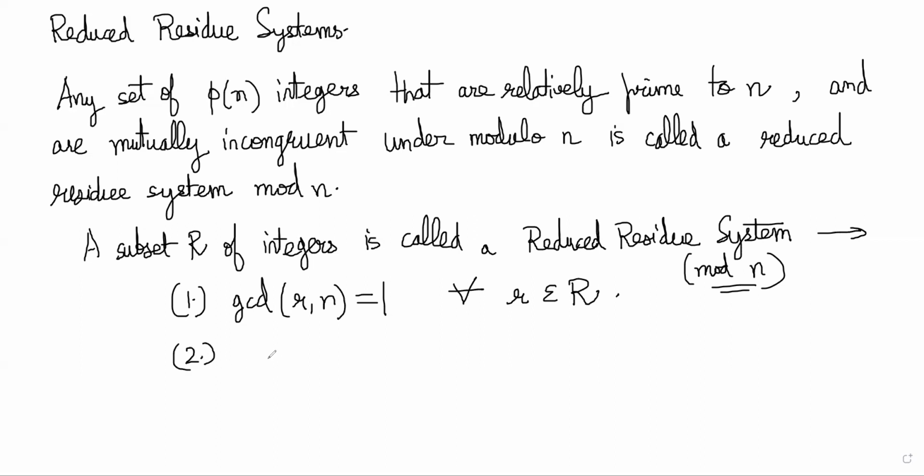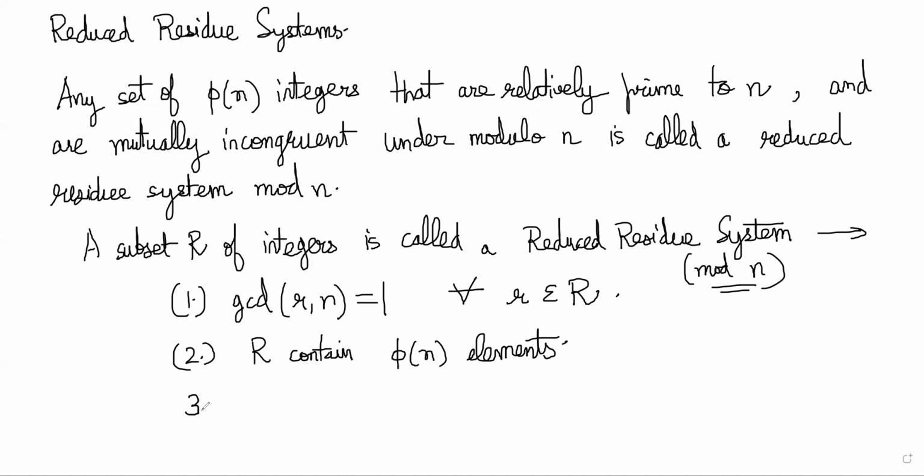Second property is R should contain phi of n elements. So R only contains phi of n elements. The total number of elements is the number of numbers that are co-prime to n, right?